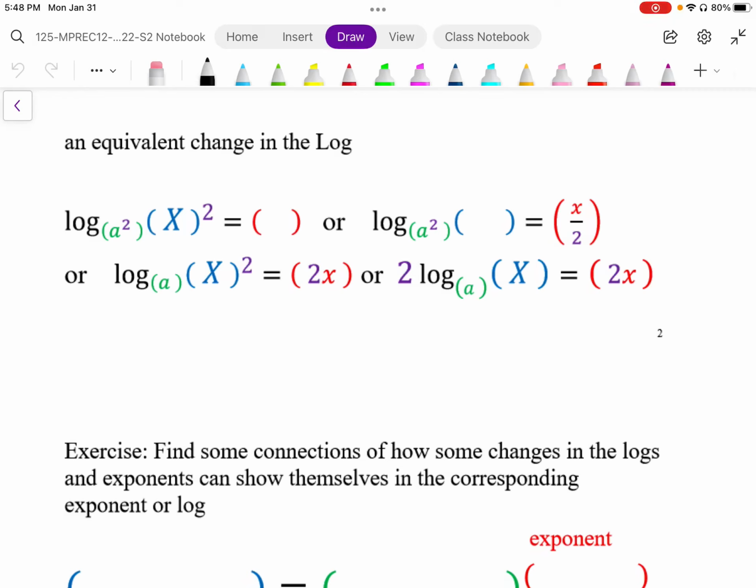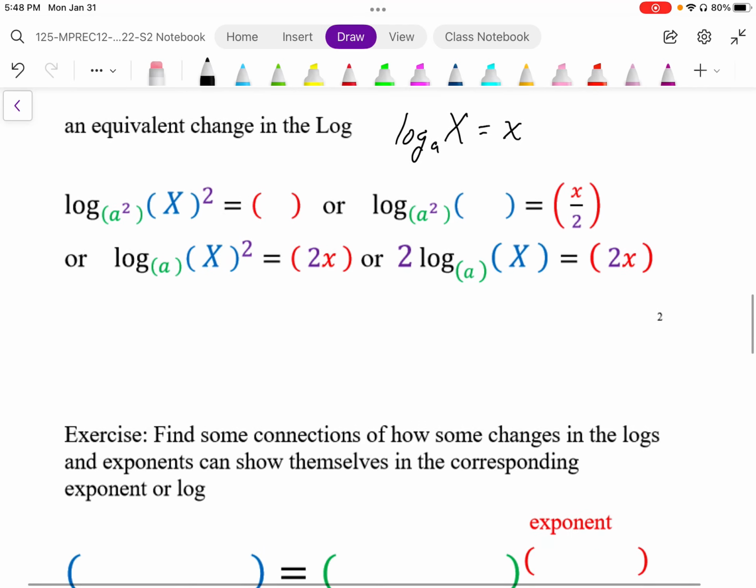So we can have some equivalent changes on the logs as well. If I have our original expression, log base A of argument x equals exponent x, okay, I'm just going to clean that up a little bit here. This is what our original expression was that we defined above.